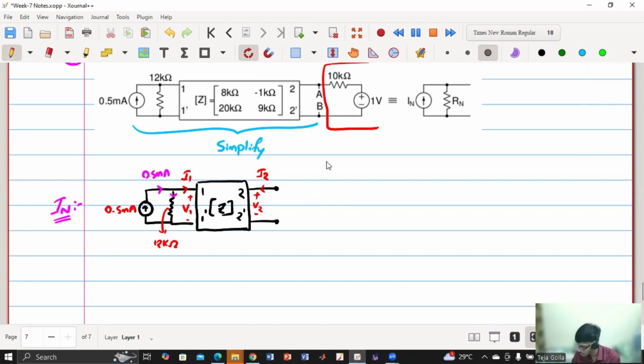So these two are A and B. Now you tell me how to calculate IN. Like any circuit, we are applying Norton's theorem at two terminals. How should I calculate IN?